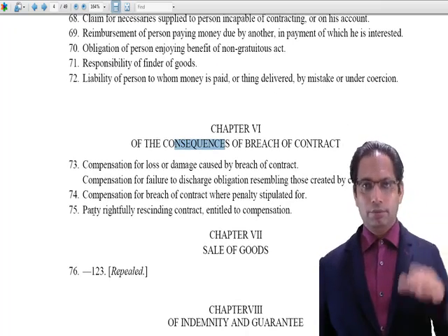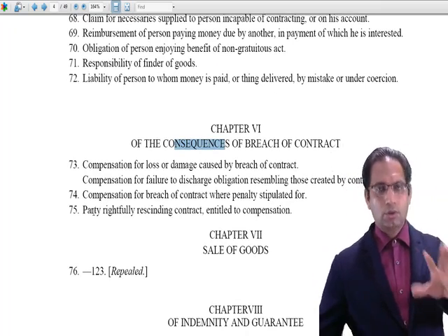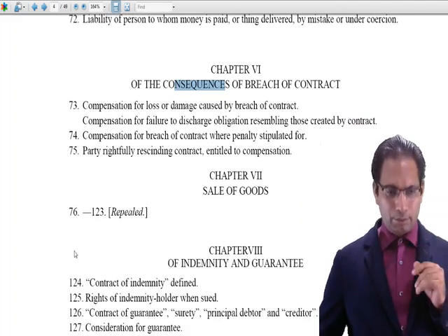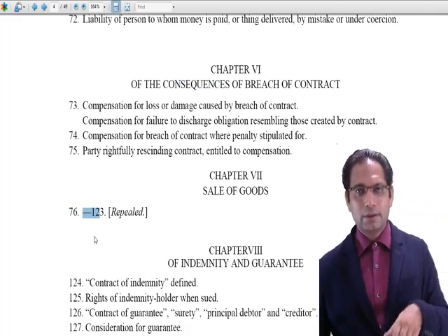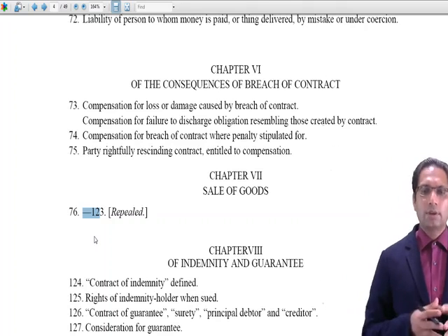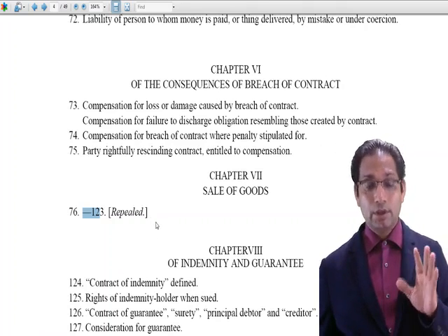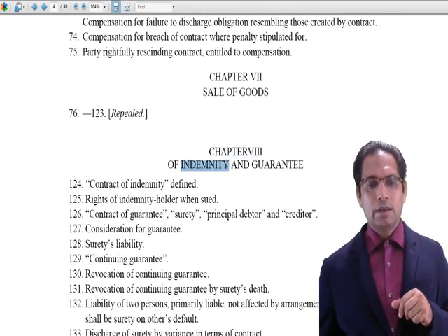Section 75. Section 1 to section 75 talks about proposals, contracts, so on and so forth. And after that, class, surprise, section 76 to section 123 repealed. It does not exist. The name is sale of goods, but it does not exist in this act. We will discuss why not. Then comes something called indemnity and guarantee.